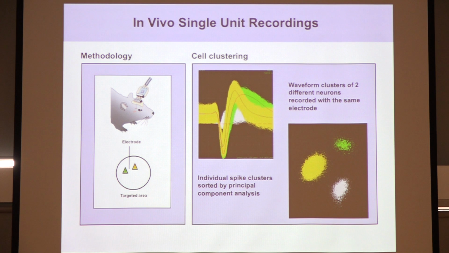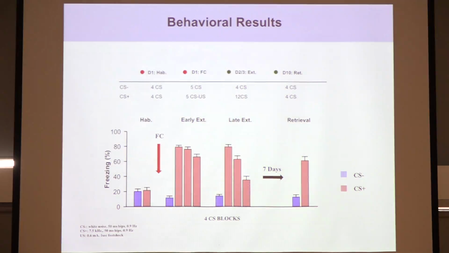So again, we used single unit recording as a start. This time it was not implanted in the amygdala but in the dorsal prefrontal cortex, and again we were able to follow the activity of single neurons during the session. The behavior was the same. We used the classical fear conditioning with a habituation session where we presented the control sound, the CS minus, or the CS plus.